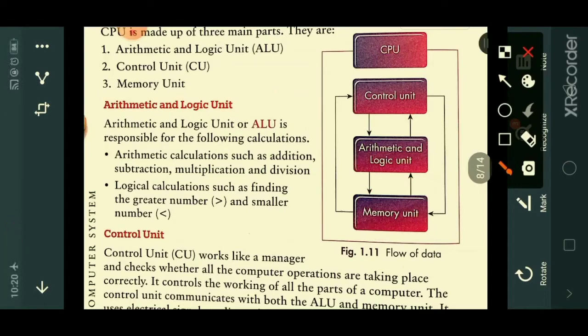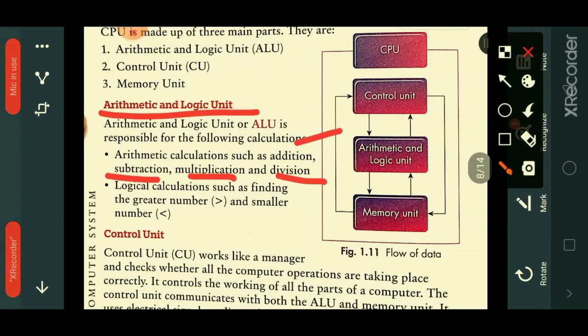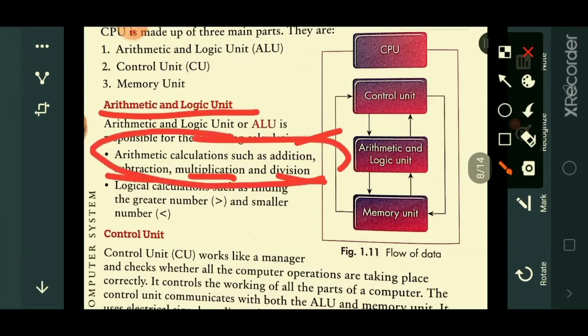The arithmetic and logic unit, also known as ALU, is responsible for calculations such as addition, subtraction, multiplication and division.